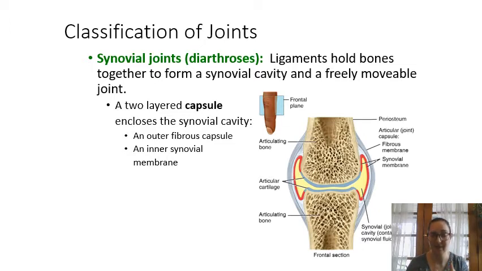That cavity on the inside is covered with synovial membranes. These are connective tissue membranes that create synovial fluid, which bathes this bone-on-bone area so that the two bones don't rub against each other and cause pain.